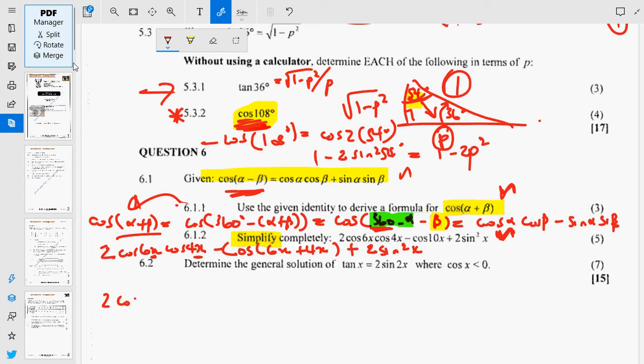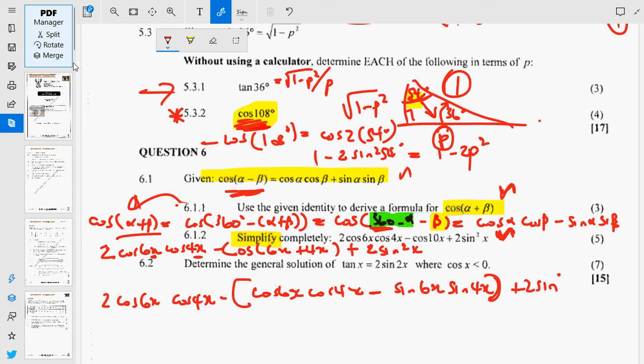So you're going to have 2 cos 6x cos 4x. Make sure you put the bracket so you don't mess it up. Cos 6x cos 4x plus, no, in this particular case I'm going to have a minus using the formula, minus sine 6x sine 4x, right?